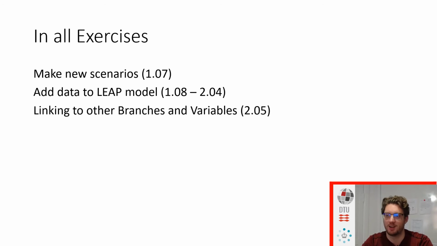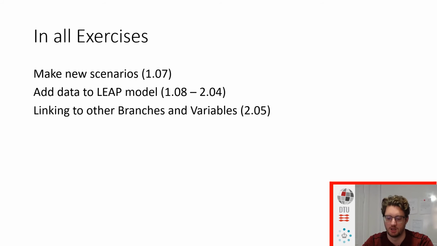To make new scenarios, I would suggest looking at video number 1.07, sorry, where that talks about scenarios and the scenario window. Then you need to add some data to the LEAP model. That will be done with different methods and different scenario or branch criteria. These are described in videos from 1.08 to 2.04.